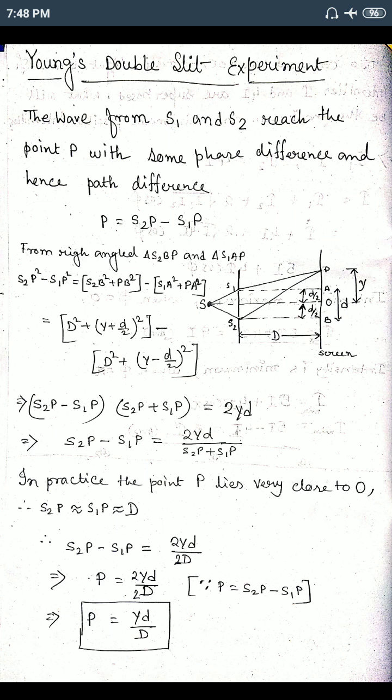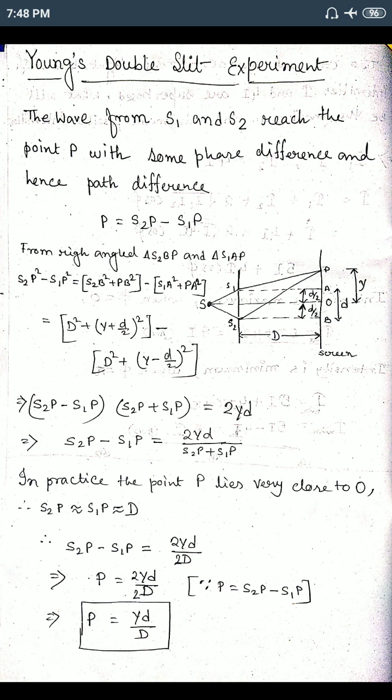Now S2B is capital D, and PB is y plus d by 2, whole square, minus S1A, which is D, and PA is y minus d by 2, whole square. After solving, using the formula a square minus b square equals a plus b into a minus b, we get 2yd. So S2P minus S1P equals 2yd by S2P plus S1P.